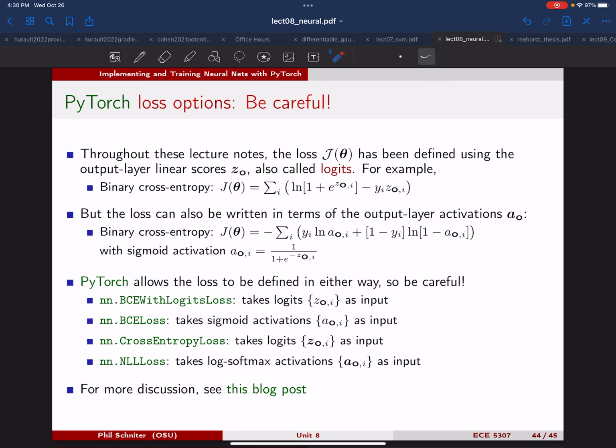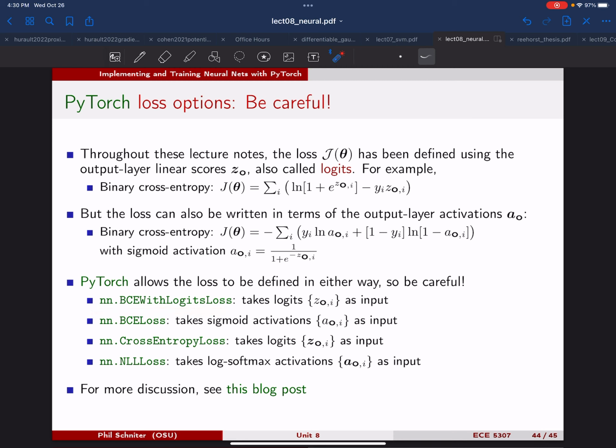And either way is fine, but you have to make sure that you use the right function in PyTorch. So if you want to use this model, where the last thing in your network is a Z, and that's how you specify your loss, then you have to use BCE with logits loss.